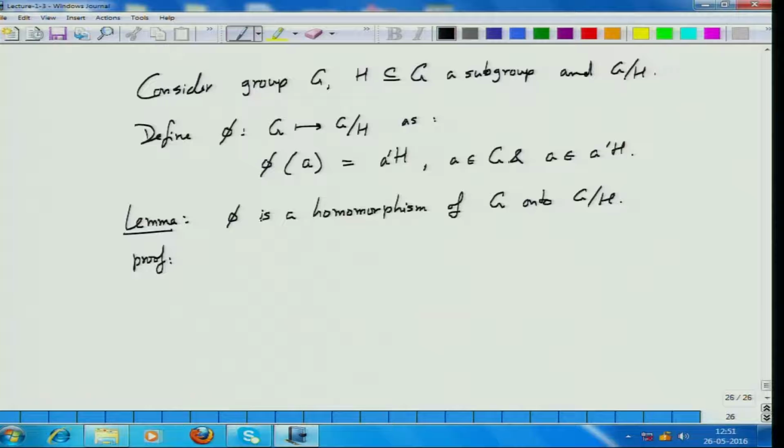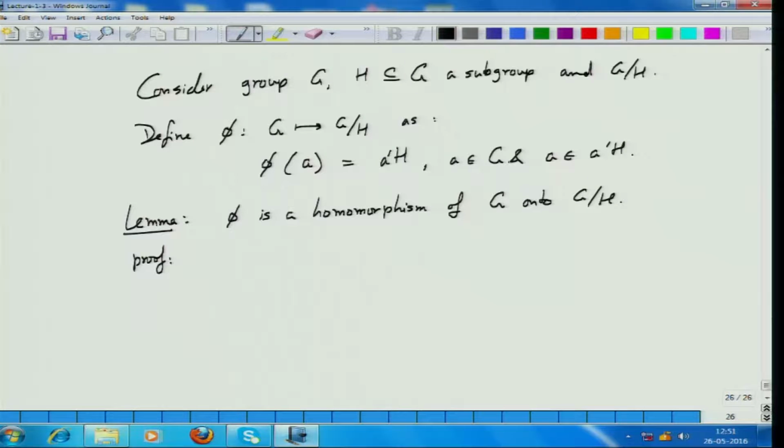So, it is clear that phi is an onto map. For every element AH in G slash H, there is an element in G that phi maps into. If you have an element AH, then element A of G is certainly mapped to this. Why is this a homomorphism?